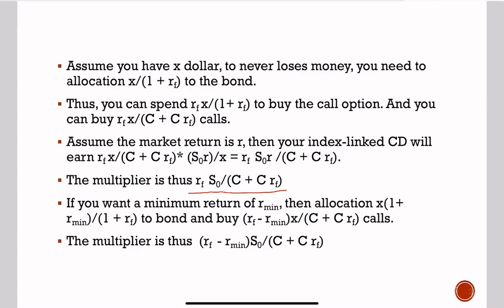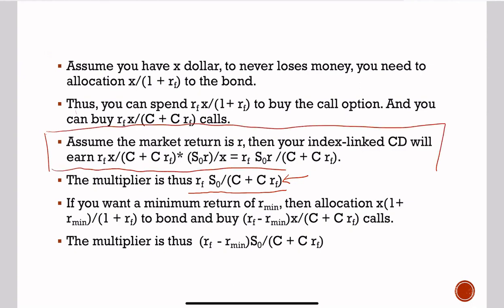So in the exam, you're only required to know how to use this formula. This proof step is not required. I will not ask you to show how you get this multiplier. But these two parts are required, because they talk about how much money you should spend on the bond and how much money you should spend on the call option.